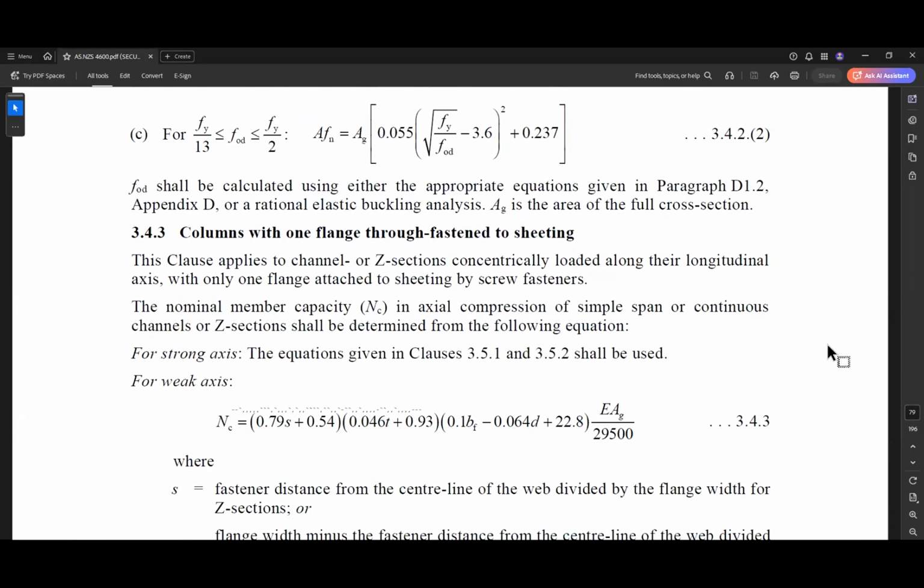If you look at this clause here, 3.4.3, column with one flange through-fastened to sheeting, the member capacity will use this formula in clause 3.4.3.